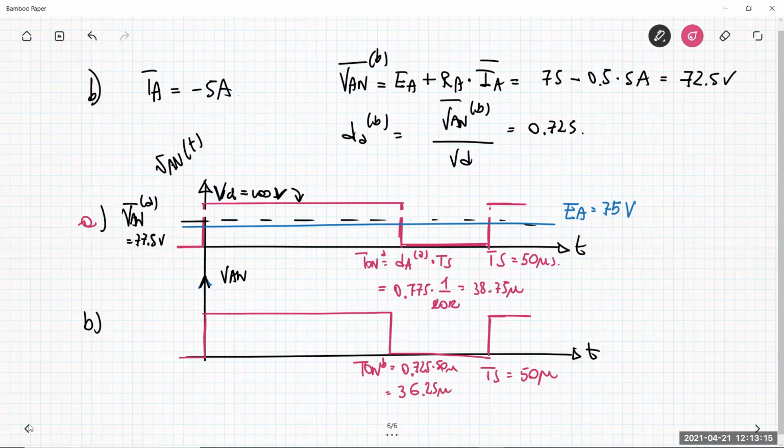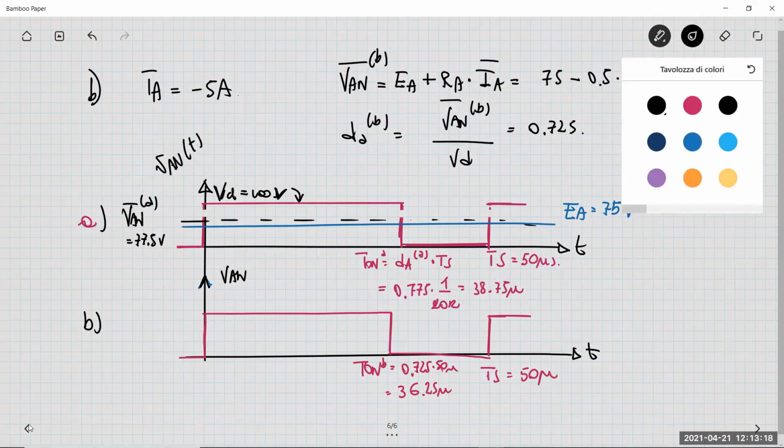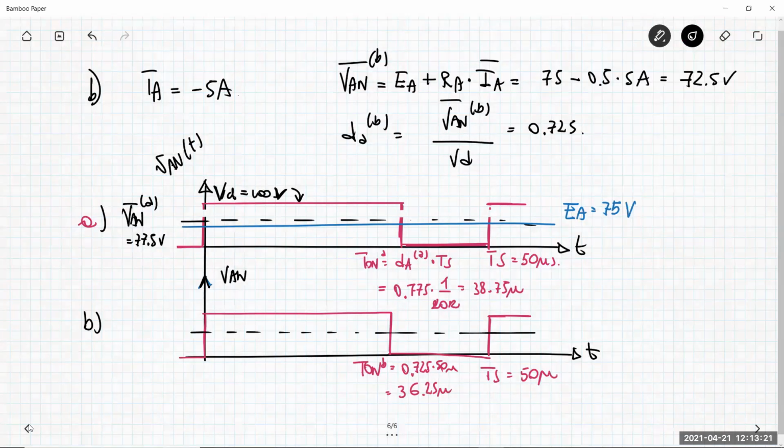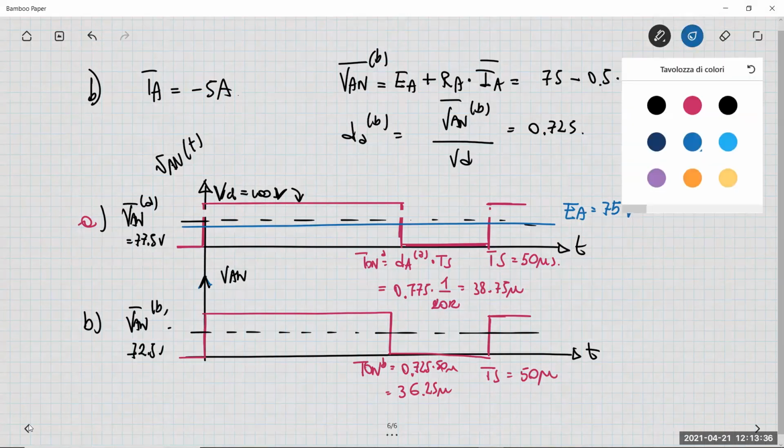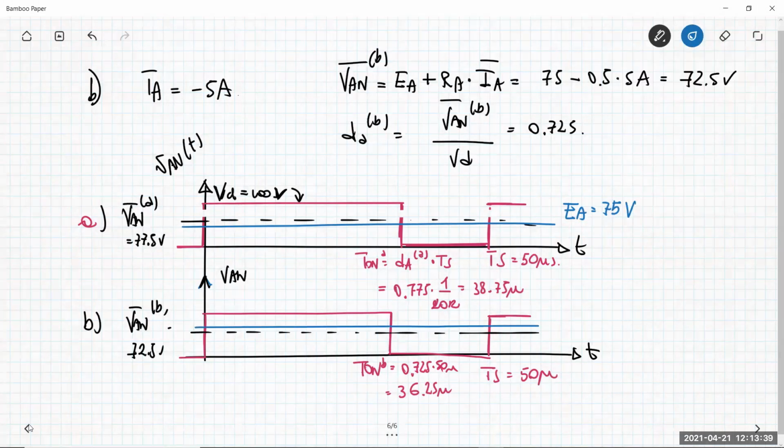Okay, and here you have an average value which is 72.5 volt, and this is less than the back EMF. Okay, in that situation, since the average value is less than the back EMF, the current is directed towards the node A, starting from the motor.